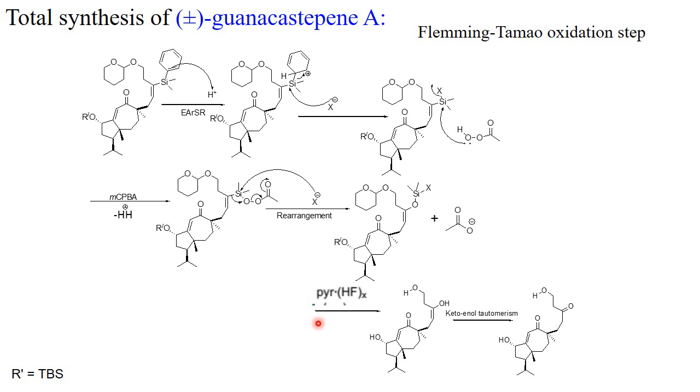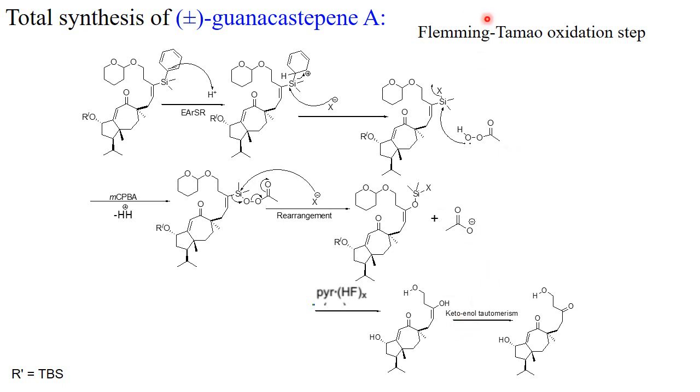When X as a nucleophile comes back and again attacks at the silicon atom, then the bulky group, which is the major portion of the reactant, moves toward the oxygen of the perbenzoic acid, or we can say peracid.